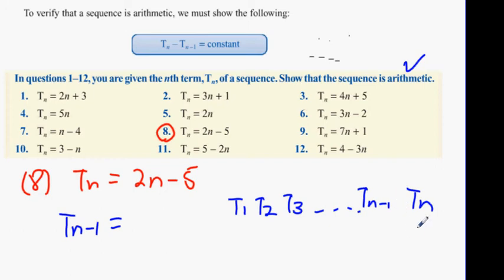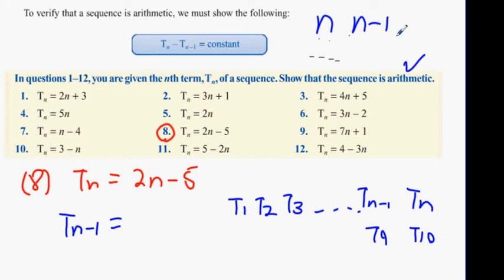In the same way, the number that comes before T10 is T9. If n was 10, the number that comes before it is 9. N minus 1 is one number smaller than n. Does everybody get that? What's one number smaller than n? N minus 1. What's two numbers smaller than n? N minus 2. So Tn minus 1 is the one that comes before Tn.